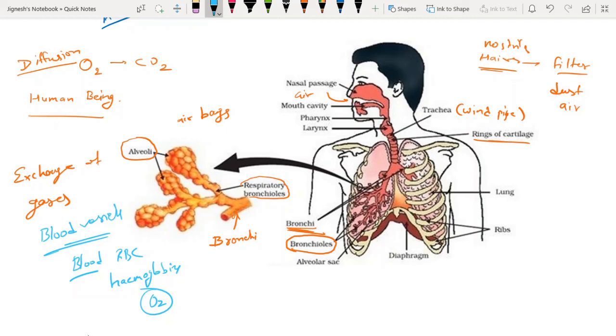So the alveoli get expanded, and the blood brings carbon dioxide from the rest of the body and releases it into the alveoli. The oxygen is taken up by the blood in the alveolar blood vessels, to be transported to all cells of the body.